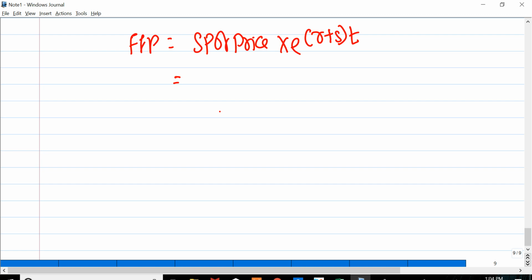What's the spot price? Into e power, r is how much? 0.08.